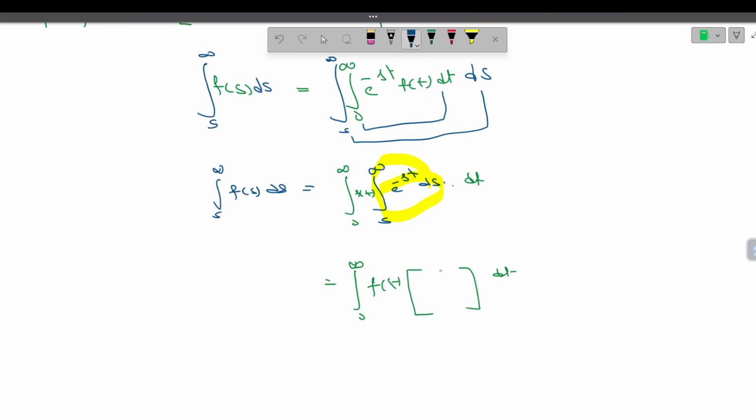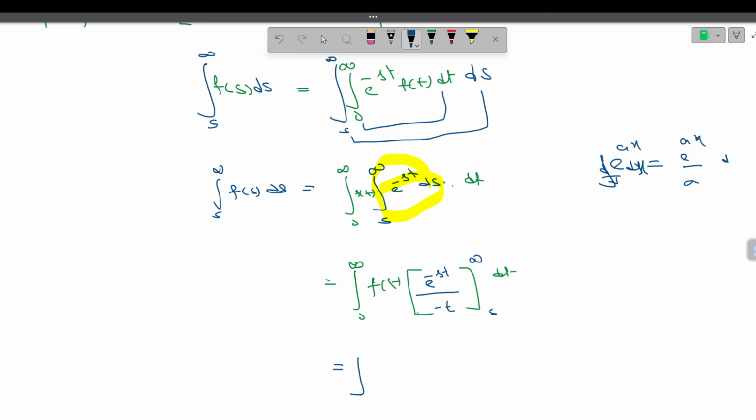The blue part, if you integrate, this will be e to the power of minus st, with respect to s we are doing. So the constant is t. You see, the integral of e to the power of ax dx, if we are integrating, it will be e to the power of ax by a, not x, because you are integrating with respect to x.